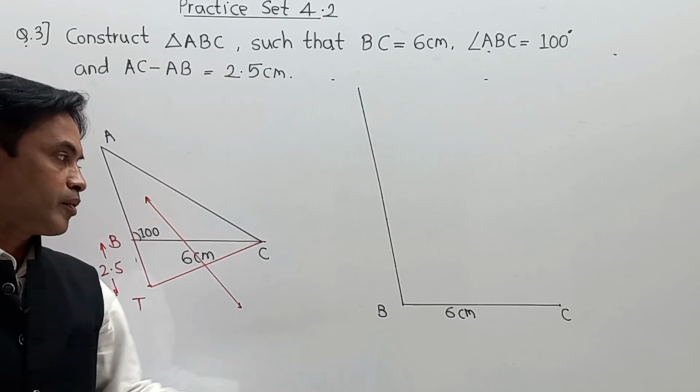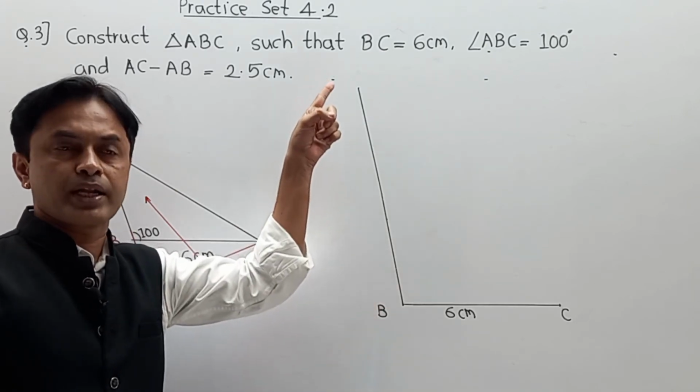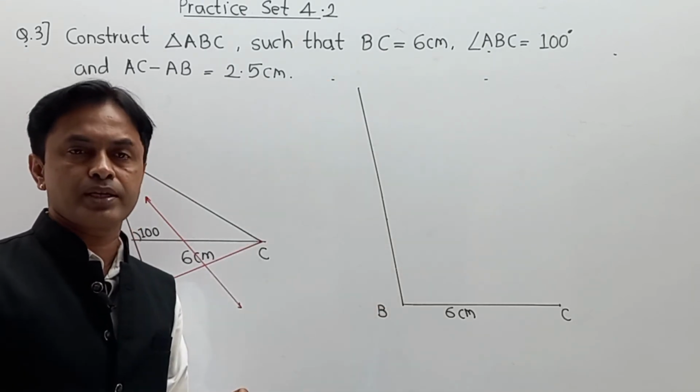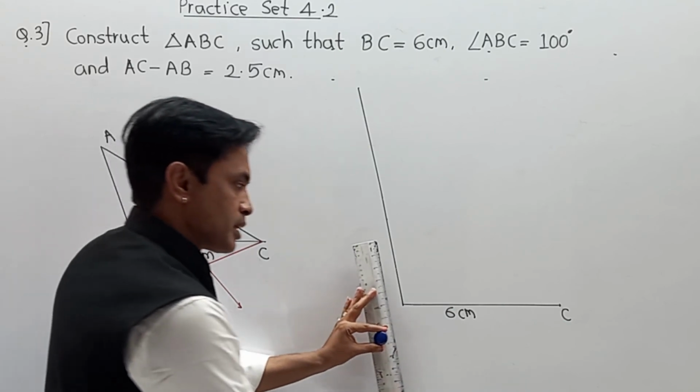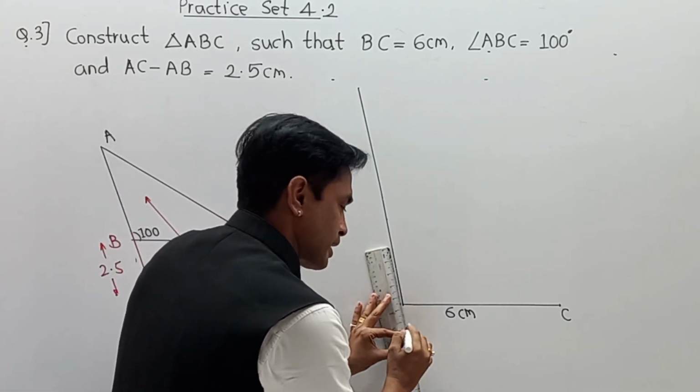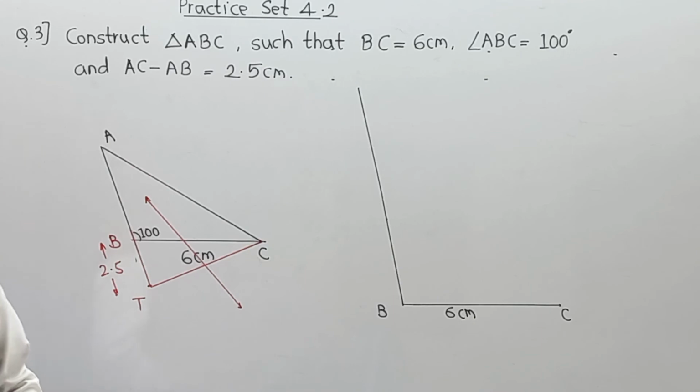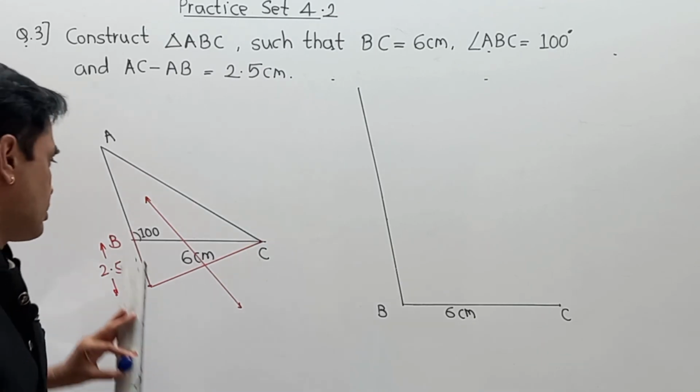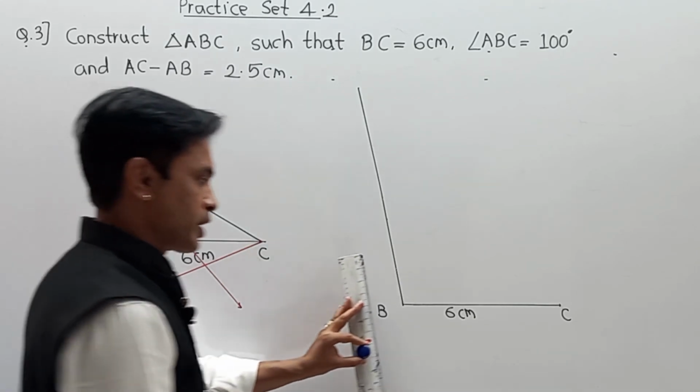And in this way, we have drawn one segment moving in upward direction. At the same time, a small portion I am going to draw downstairs, and that is of length 2.5 centimeter, because we know that BT is 2.5 centimeter.